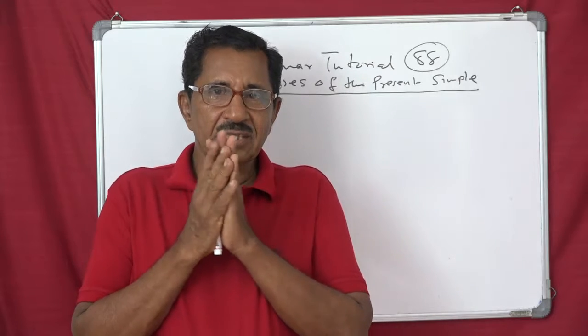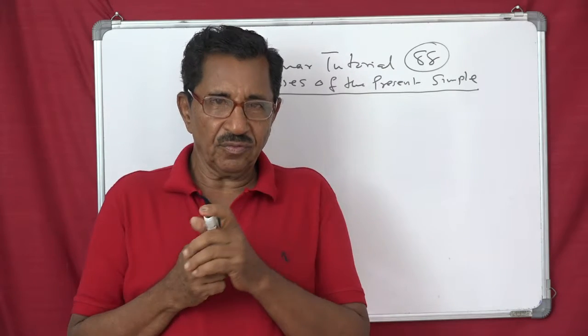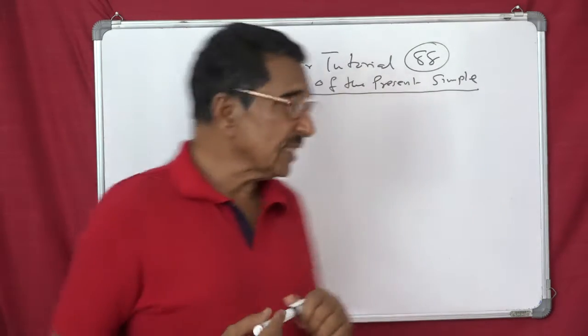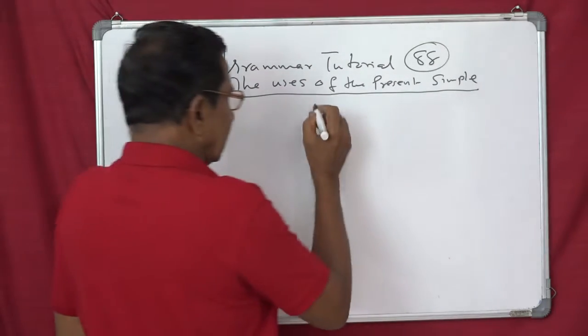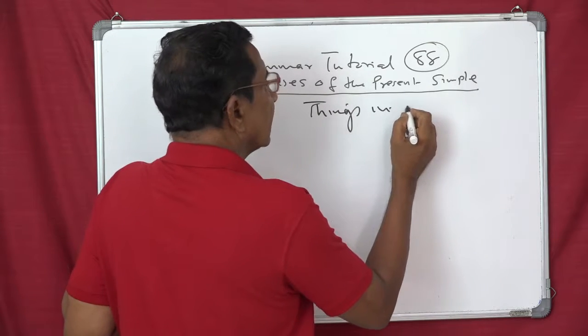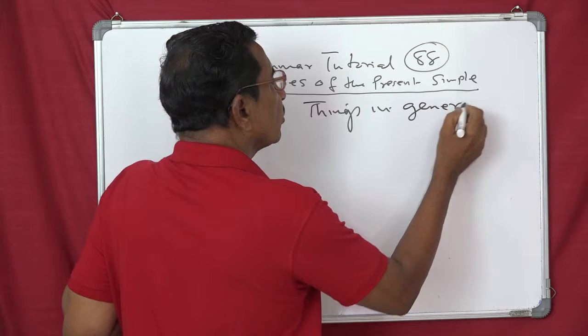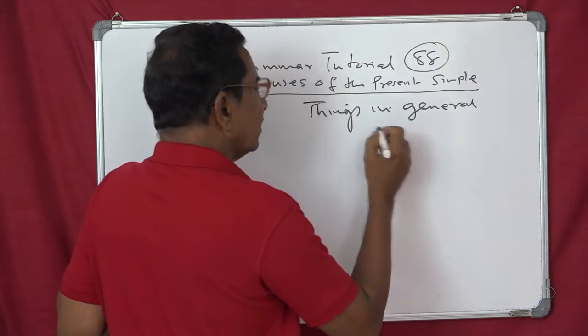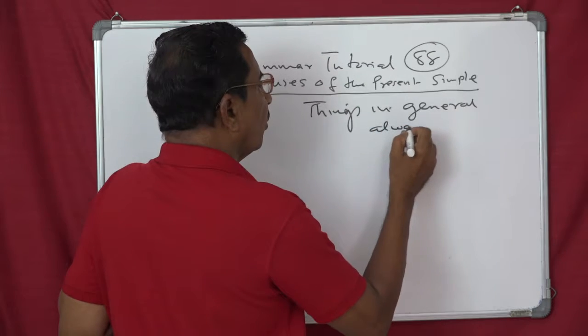Alright, now we see the second use of the simple present. It is used for things in general, or we say general truths, things which are always true.